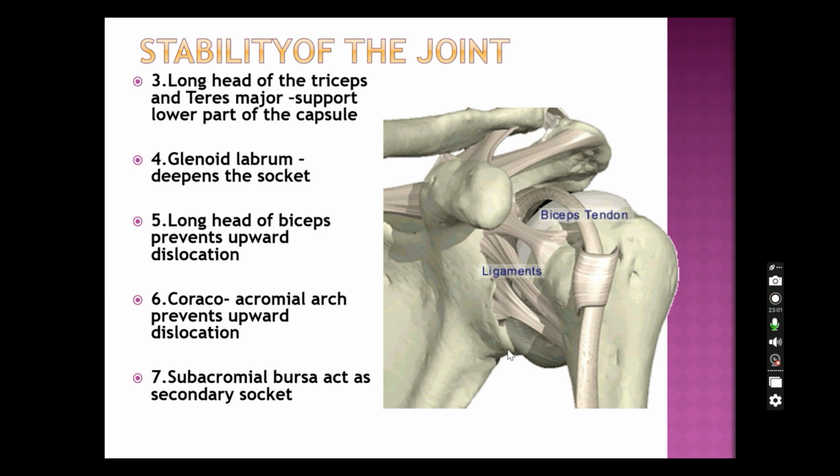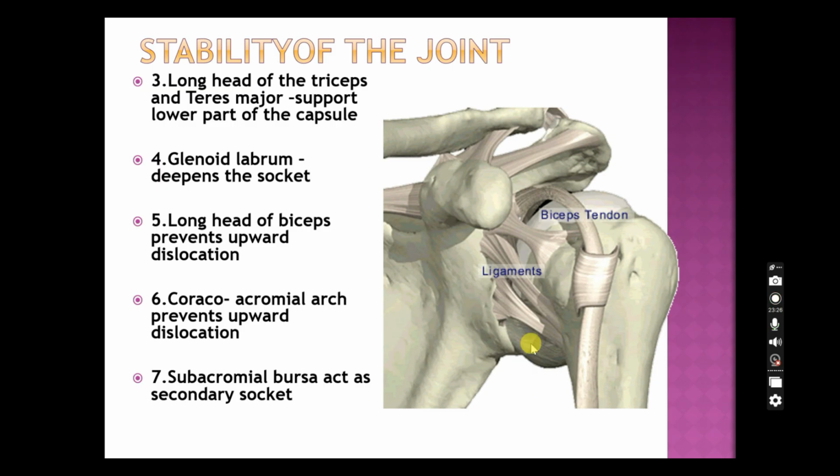From there the long head of the triceps runs downwards and laterally towards the posterior aspect of the arm, where it meets the lateral and medial heads of the triceps to form the tendon of the triceps, inserting onto the posterior part of the upper surface of the olecranon process of the ulna.